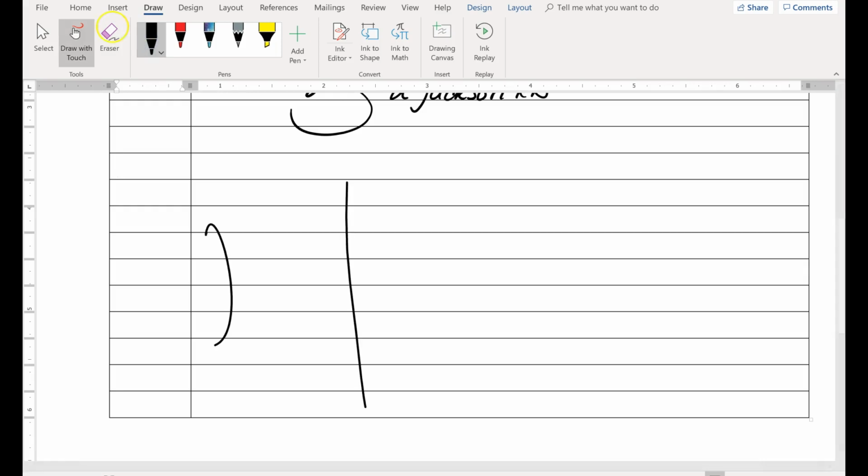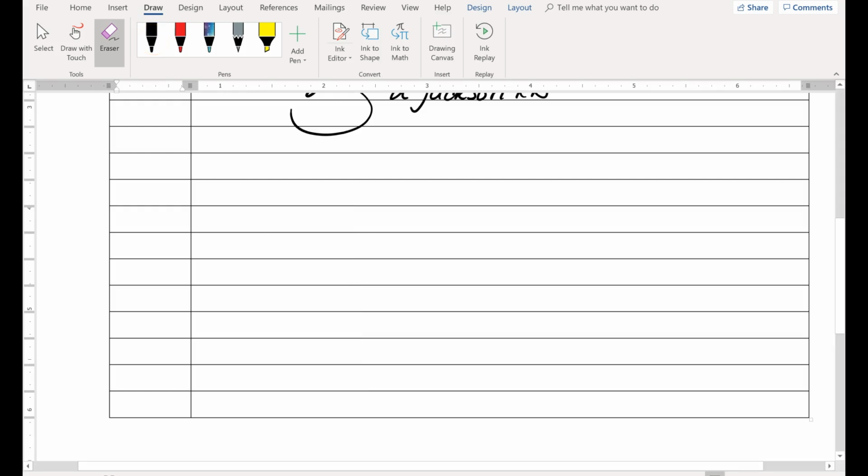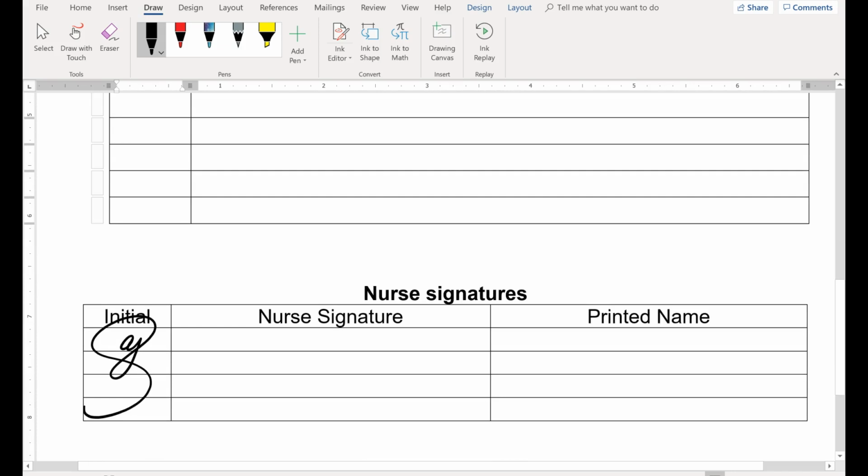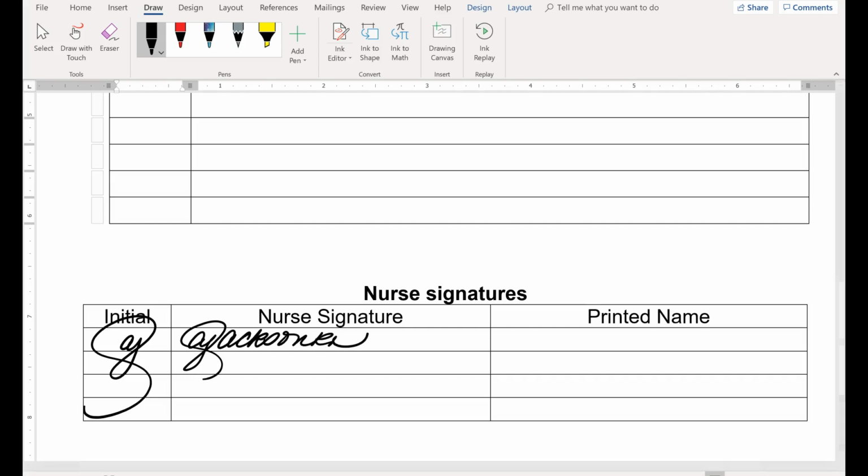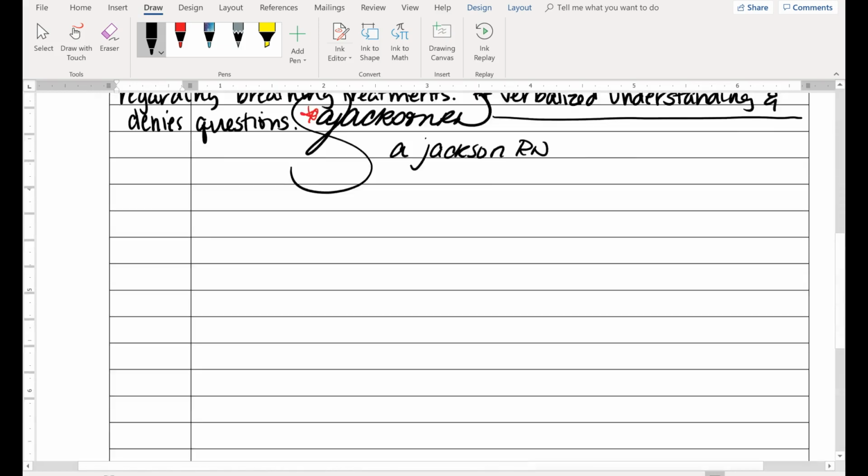Okay, so you'll write your signature here. Okay, and then you are going to print your name so that it is very clear to everybody who you are. Okay, and your credentials need to go here, here, and here.